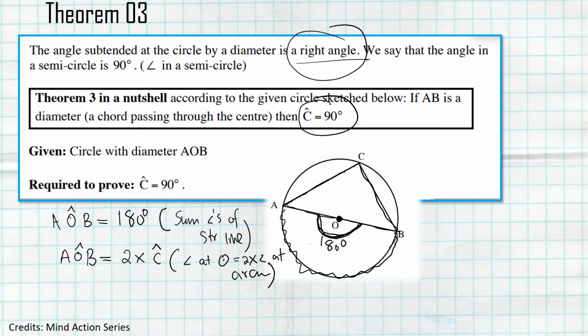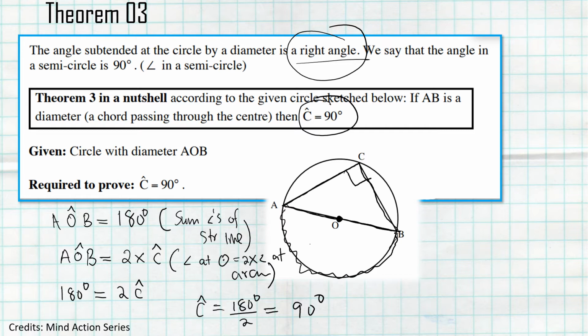Okay, and we talked about that theorem in the previous session. So very simple, just replace AOB by 180 degrees. To solve for angle C, we divide both sides by 2, then angle C will be equal to 180 degrees divided by 2, which is equal to 90 degrees, proving that the angle subtended by the diameter at the circumference is a right angle.